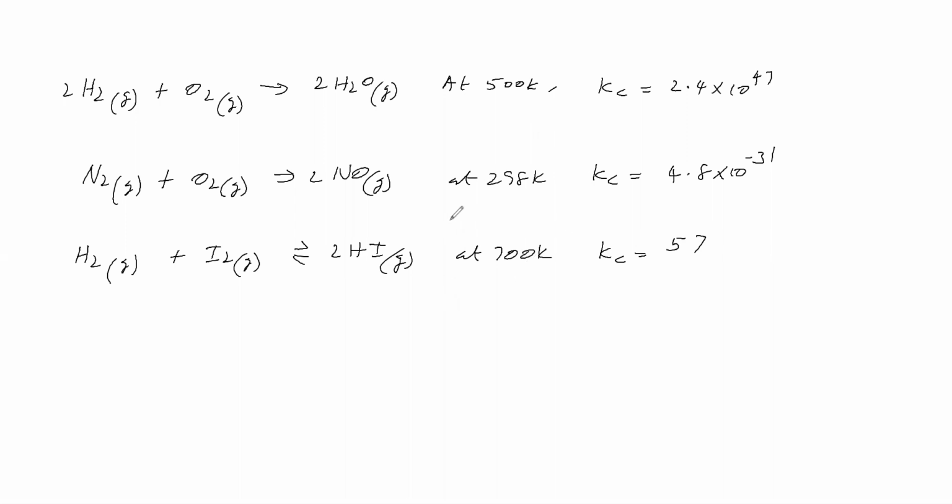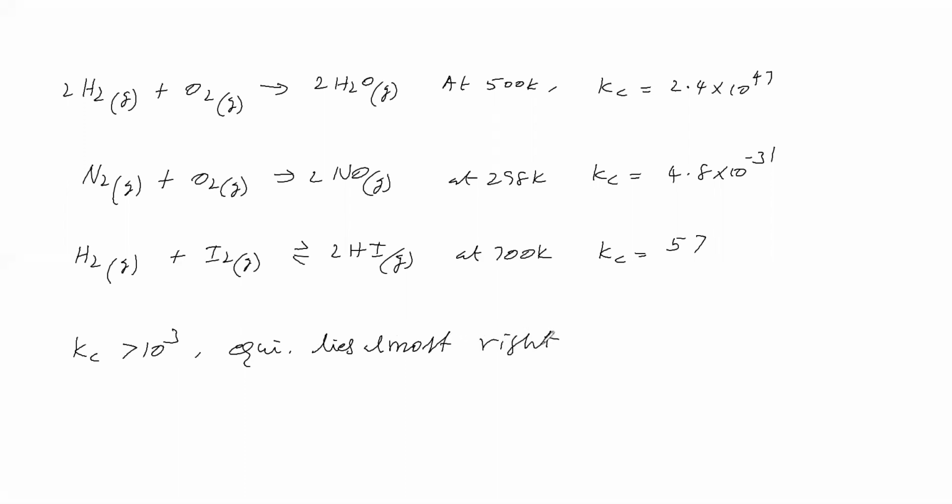Now, what is the conclusive statement given based on many experimental facts about equilibrium constant? When the equilibrium constant is greater than 10 power 3, the equilibrium lies almost right.